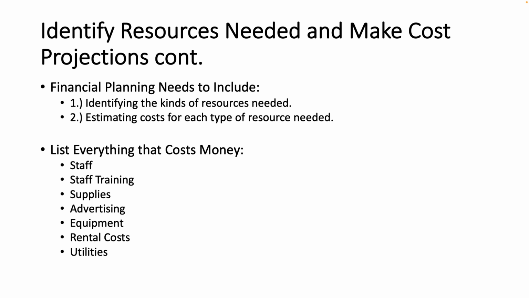So how many staff, what qualifications the staff need to have, staff training, so what kind of training, how much will be needed, how often will they have to do it, are there going to be professional development opportunities, supplies like office supplies, computers as we've talked about earlier, advertising, so brochures, flyers, commercials, public service announcements, Facebook ads, right?